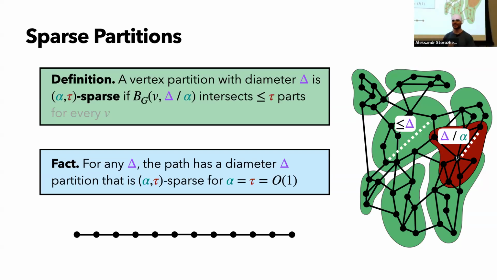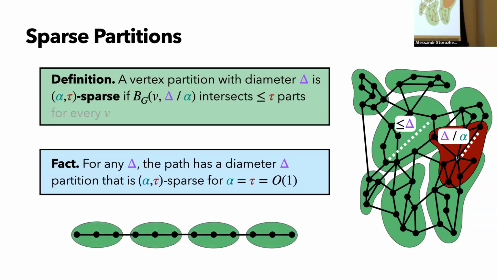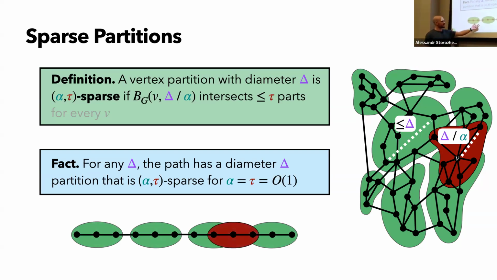It's probably the first thing you think to do: just cut it every delta steps. Now, if you look at any ball of radius delta over 2 centered at this vertex, it can intersect at most 2 of these parts, no matter where you center this ball.